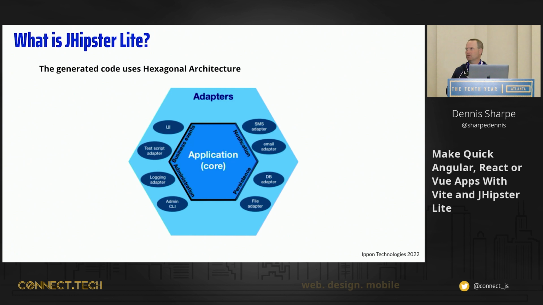One of the big differences, though, between JHipster Lite and JHipster is that JHipster Lite uses the hexagonal architecture. So when you generate an application with JHipster, the way the files are laid out and the base of how the application is set up is different. The hexagonal architecture, if you haven't heard of it, is basically where you have a core business logic in your application, and that is shielded from all the external pieces like talking to a database or talking to a file.